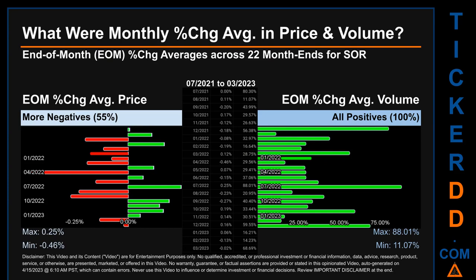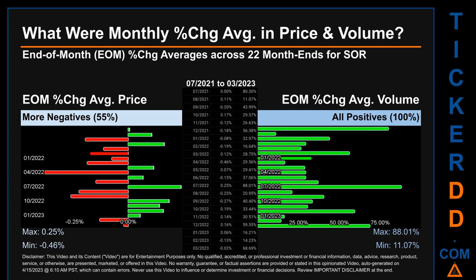From 07/2021 to 03/2023, out of 22 month ends, 12 had a negative percentage change in average price, meaning 55% of month ends saw a negative percentage change in average price. In terms of volume, 22 out of 22 month ends had a positive percentage change.